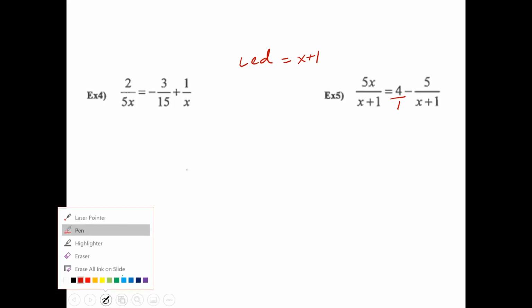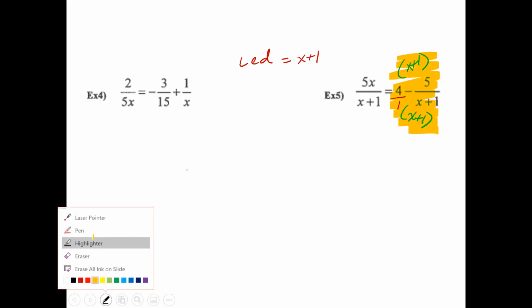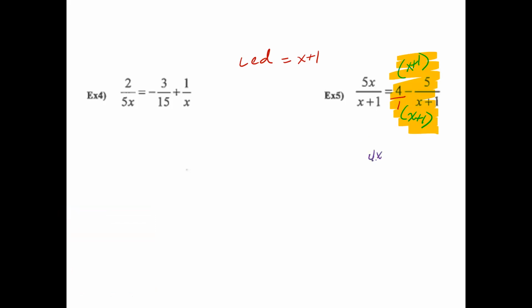So your 4 is like a lonely person by itself. You have to multiply by x plus 1 top and bottom. When you do that, and we're just going to focus on the fractions on the right side, the one I'm highlighting in orange, you're going to get 4x plus 4, because you have to distribute the 4, minus 5 over x plus 1, because you have the same denominator now.